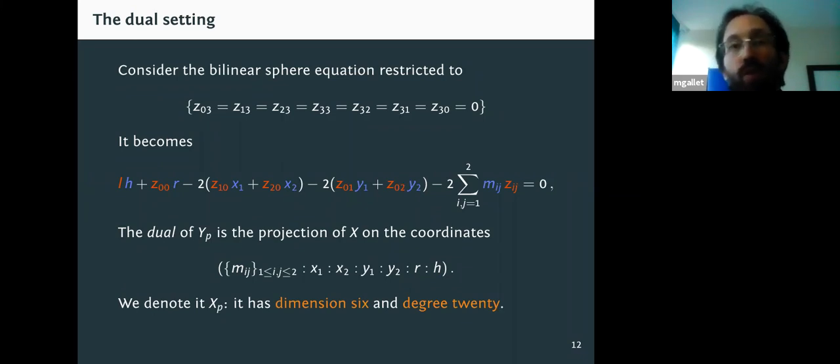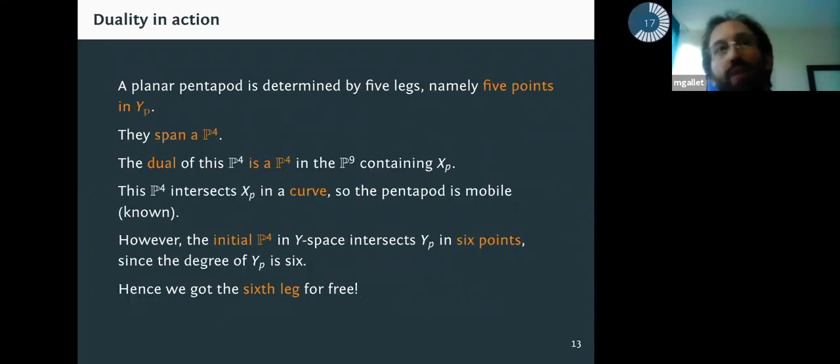So you see we have only M1,2, 1,1, 1,2, 2,1, 2,2, and then we have X1, X2, but not X3 and not Y3. Okay. And so by projecting X on these coordinates, we get a variety which is called XP, and this has dimension 6 and degree 20. And now we start playing our game.